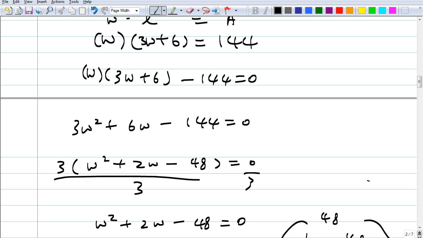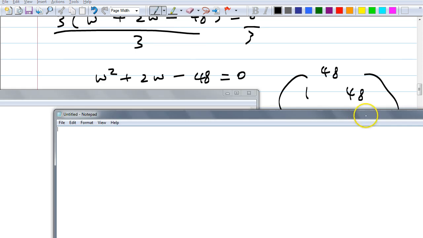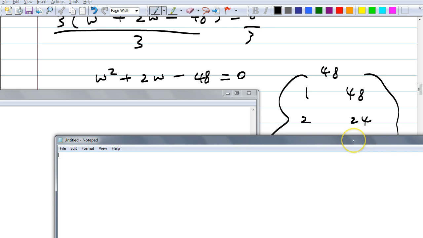Okay, then, how many ways are there to get W squared? 1 W and W. Okay, what about 48? 1, 48, 2, 24. What else? So you're right, we get 1 and 48, 2 and 24. Does 3 go into 48? How do you know?